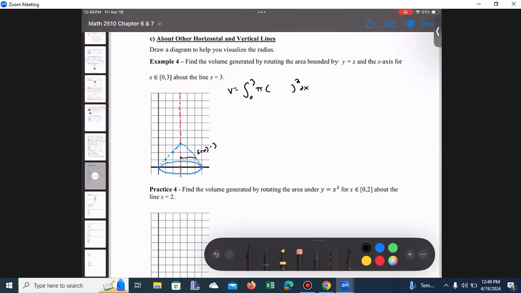The function itself is x, so x minus 3. Oh, I'm sorry, we've got to be in the y's though, so I don't want to put that in here. We're going to be in the y's because we're going around an axis parallel to our y-axis, x equals 3. So our radius is still the same as y equals x minus 3. We just have to solve this for x, for y plus 3.